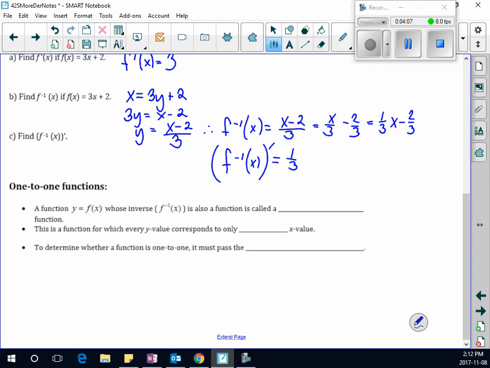Very good. A function y equals f of x whose inverse is also a function is called a 1-to-1 function. This is a function for which every y value corresponds to only one x value. To determine whether a function is 1-to-1, it must pass the horizontal line test. See, it's ringing a bell.